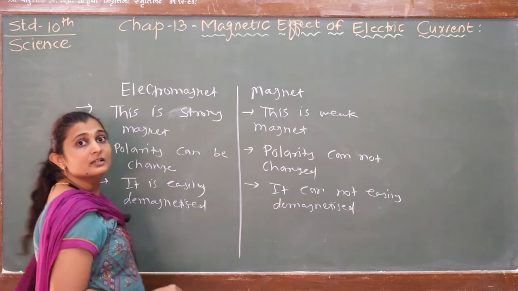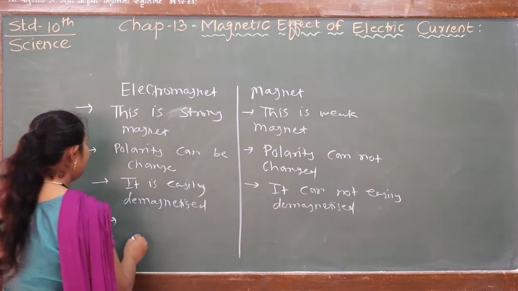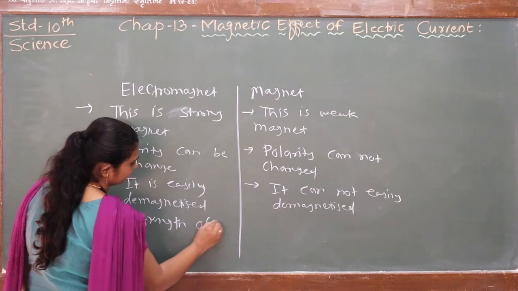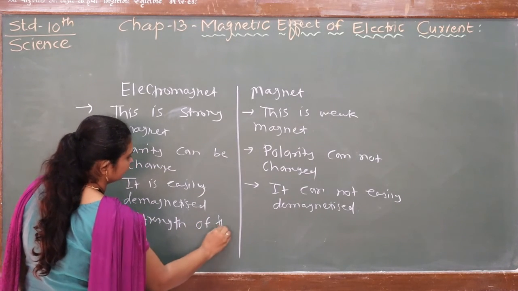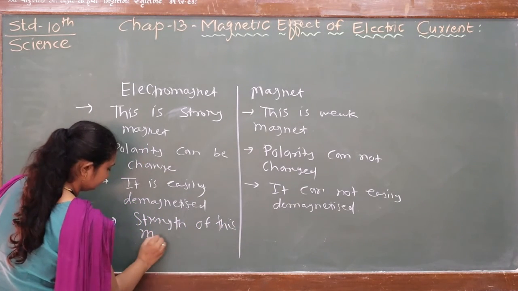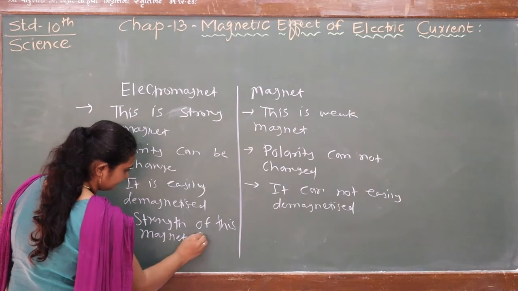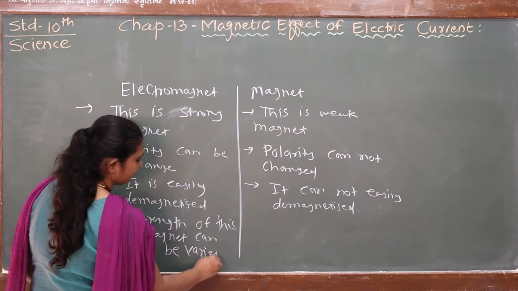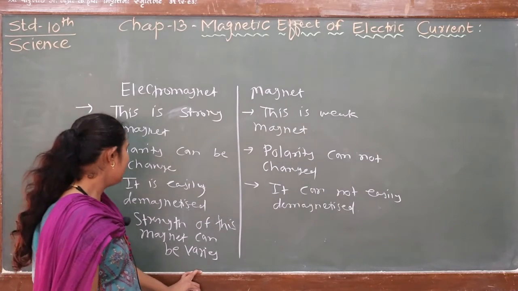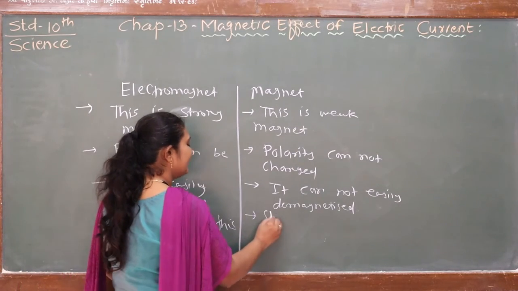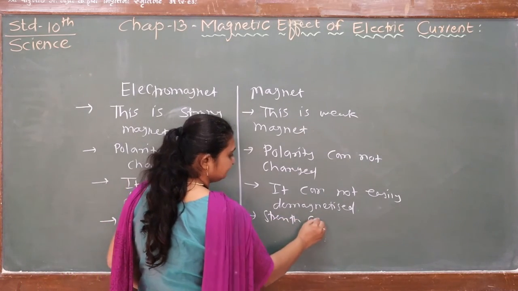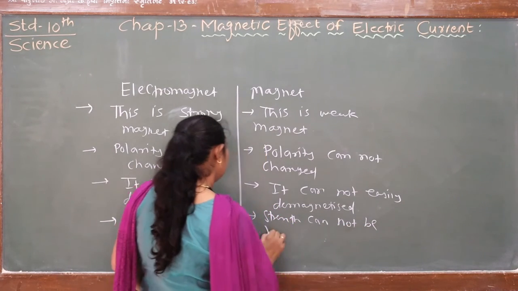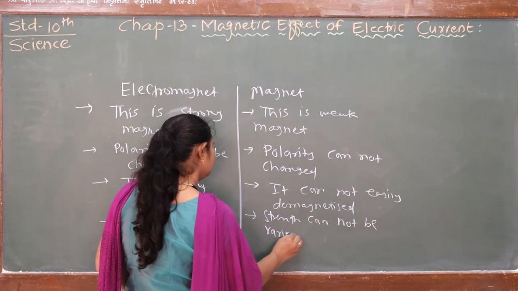And the strength of this magnet can be varied, and here the strength cannot be varied, or you may write fixed.